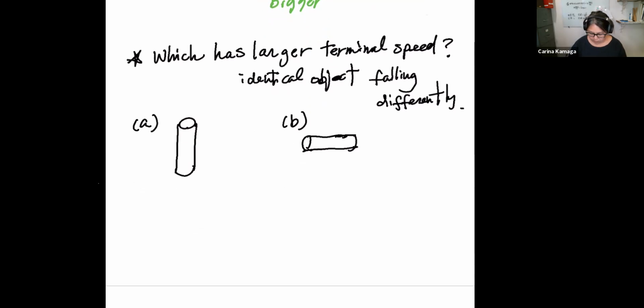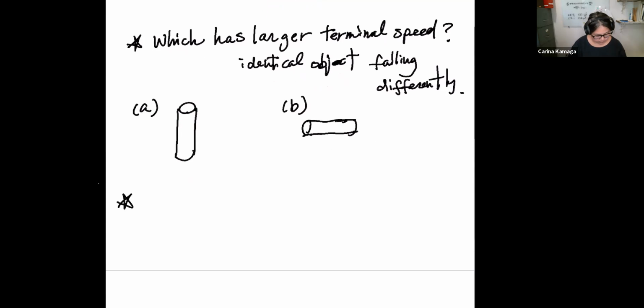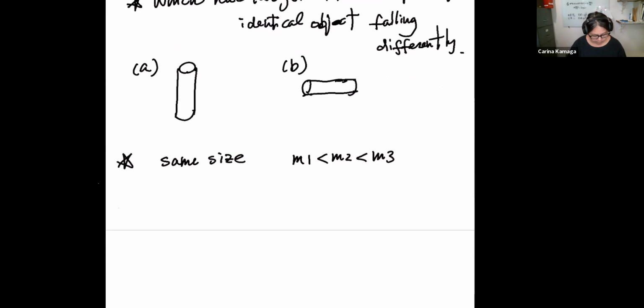I'm going to ask you a different question in the class too. Now we're going to have same size objects, but mass 1 is the smallest and mass 3 is the largest. 1, 2, 3. Exact same size, same shape, but the mass of 3 is the largest.